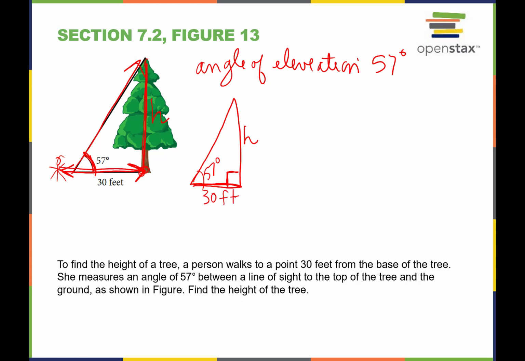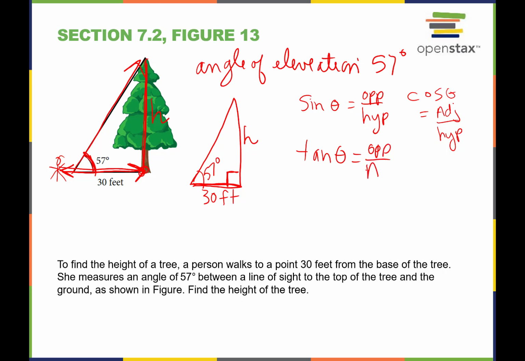Okay, so if you recall, if we think back, we know that sine of an angle is opposite over hypotenuse. I know that cosine of an angle is adjacent over hypotenuse. And then I know that tangent of the angle is opposite over adjacent.